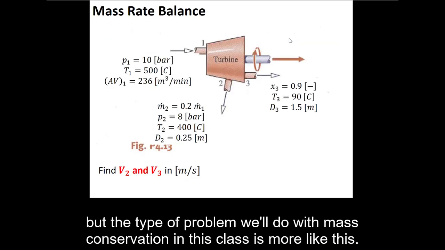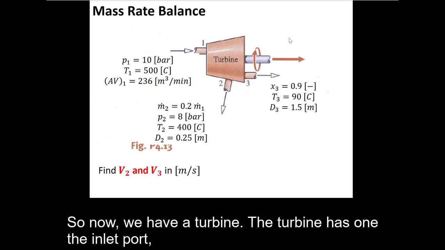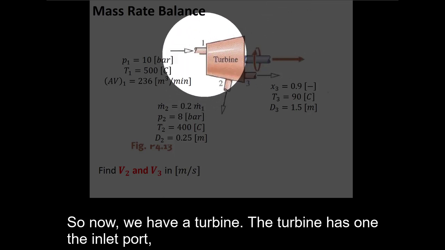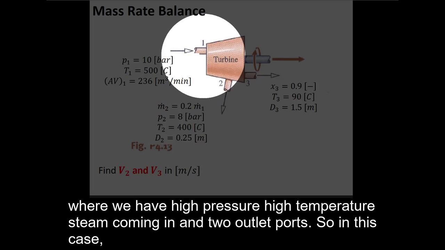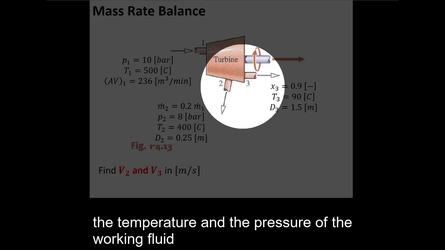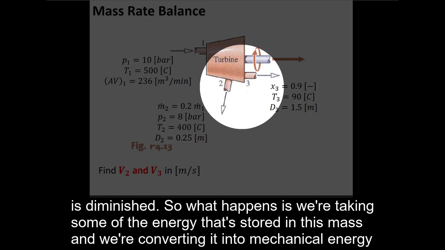But the type of problem we'll do with mass conservation in this class is more like this. So now we have a turbine. The turbine has one inlet port where we have high pressure, high temperature steam coming in, and 2 outlet ports. So in this case, the temperature and the pressure of the working fluid is diminished.